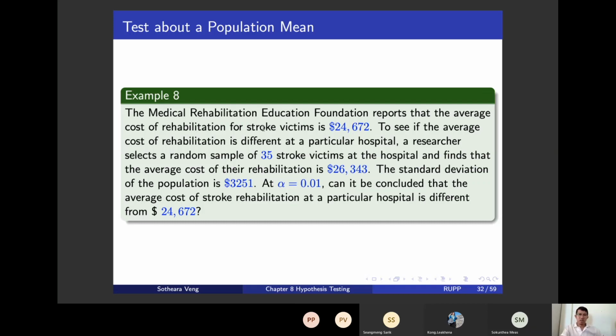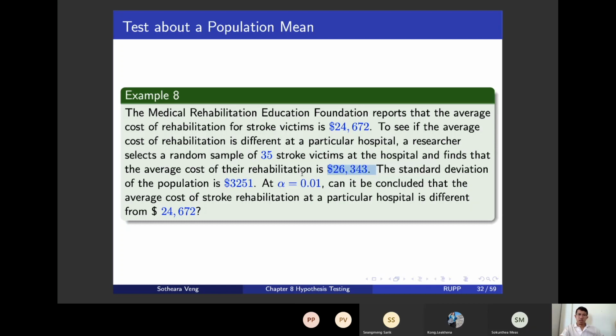To see if the average cost of rehabilitation is different at a particular hospital, a researcher selects a random sample of 35 stroke victims at the hospital and finds that the average rehabilitation cost is 26,343.